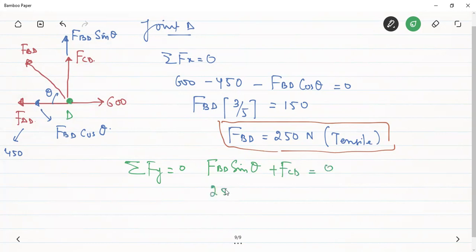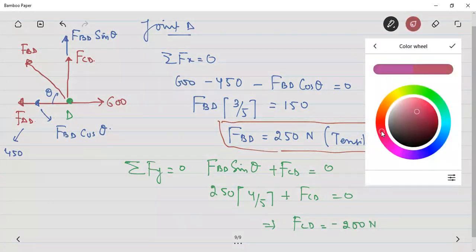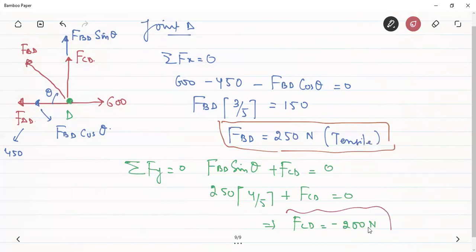FBD is equal to 250, sine theta will be equal to 4 by 5, plus FCD, that has to be 0. So from here we get that FCD is equal to minus 200 Newton. Okay, we got the negative value. That means this member is in compression.